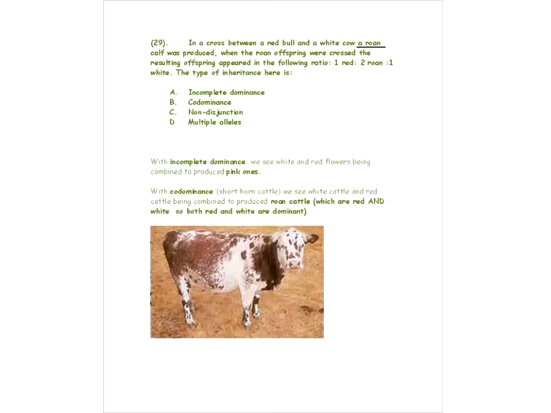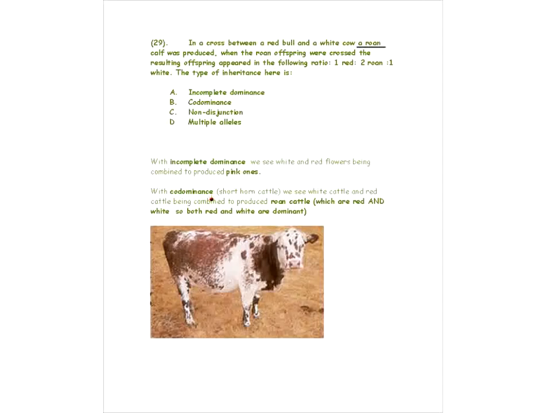As we talked about earlier, with incomplete dominance we see red and white flowers, and the ones that have both the R and the W, so for instance CR and CW genes, would be pink. So they're midway between red and white.